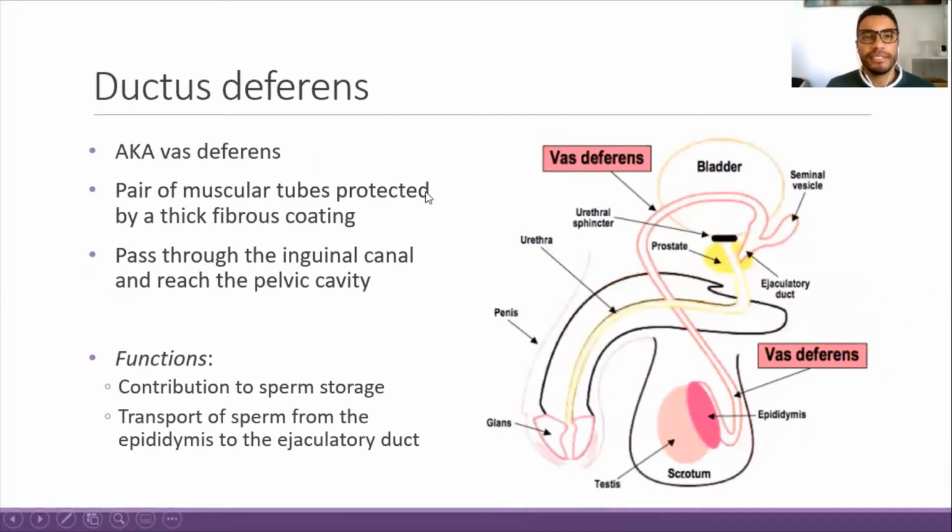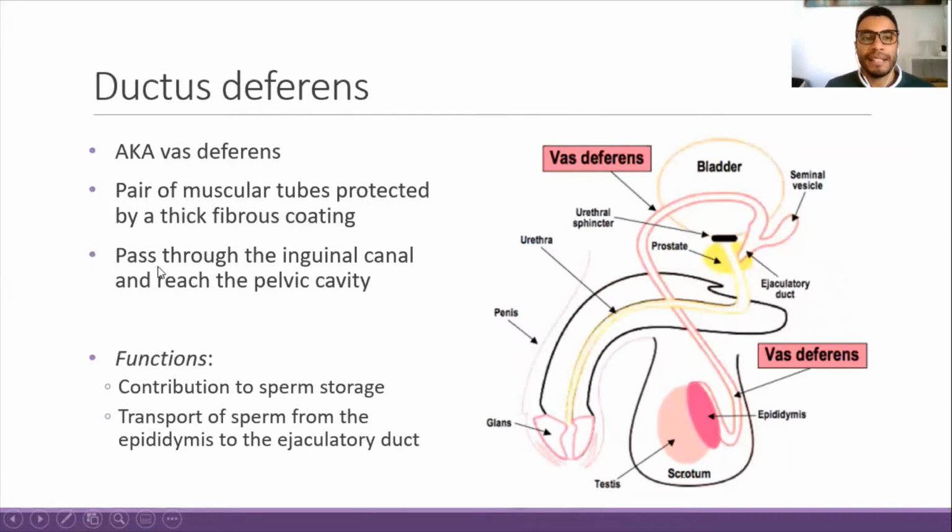The ductus deferens is also known as vas deferens. So there are a pair of muscular tubes, okay, and they are protected by a thick fibrous coating.